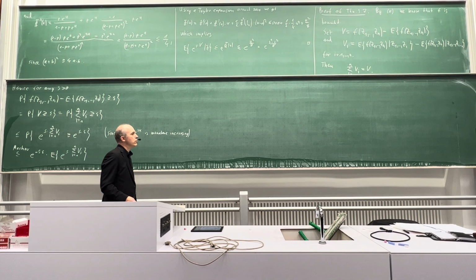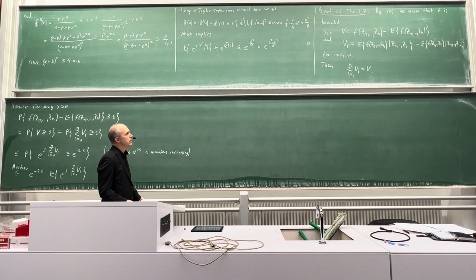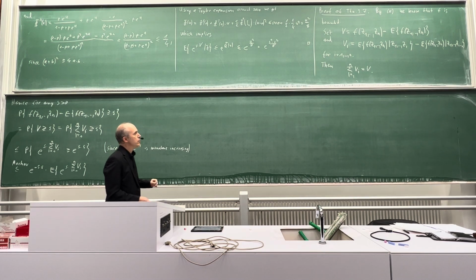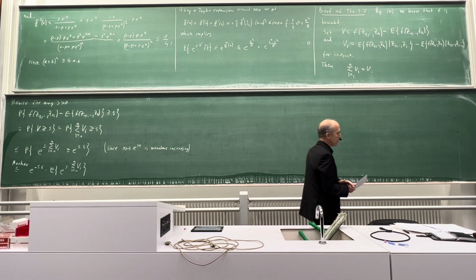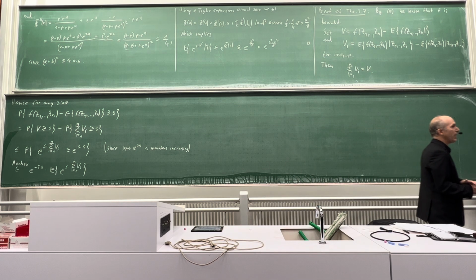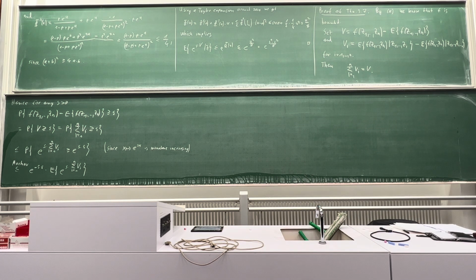Okay, what do we have? The Vi's are a function of Z1 to Zn. More precisely, Vi is a function just of Z1 to Zi.